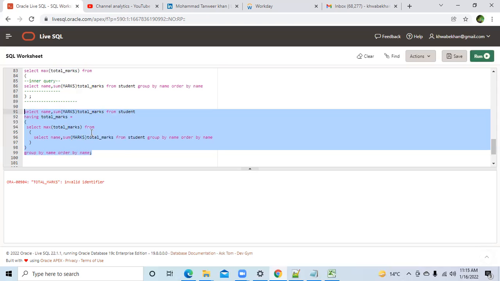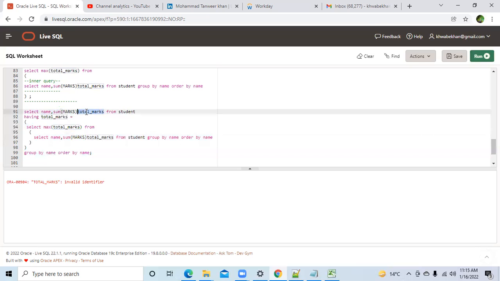Similarly, this total marks is a name you have assigned only in this query. So if you try to call it by this name, it will not work, because select and all this, this is the outer world. Are you getting my point?